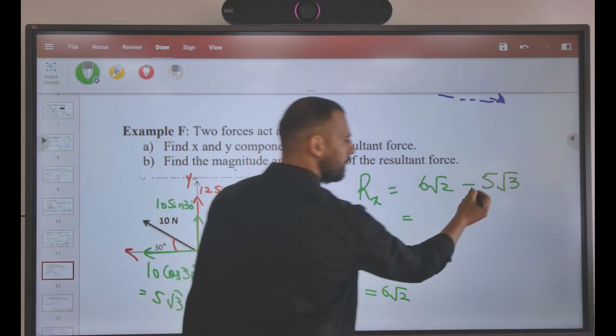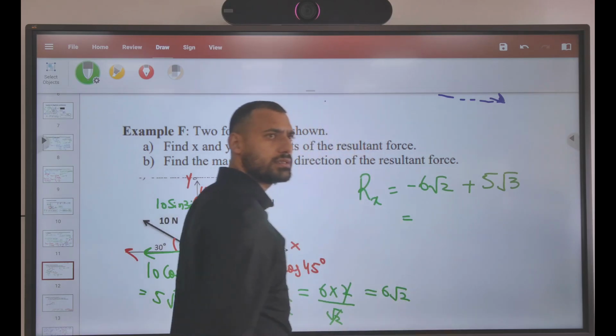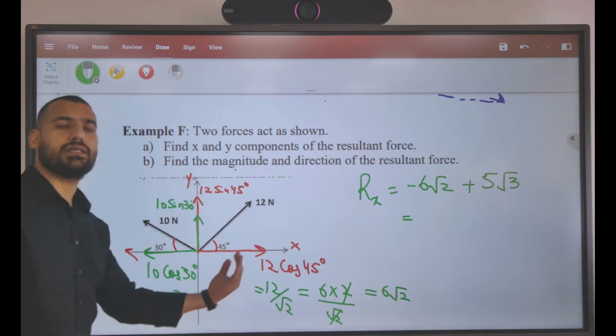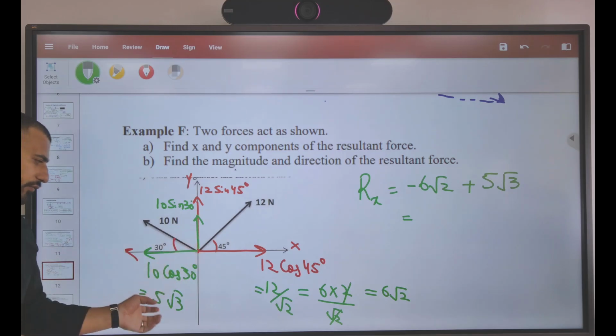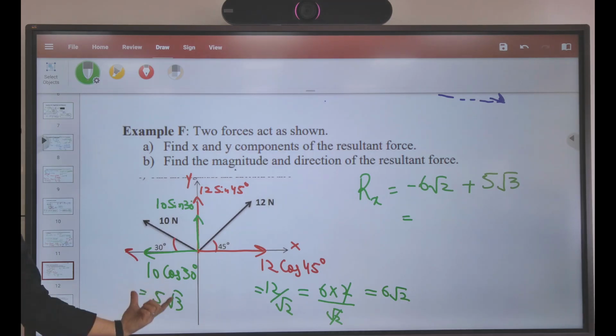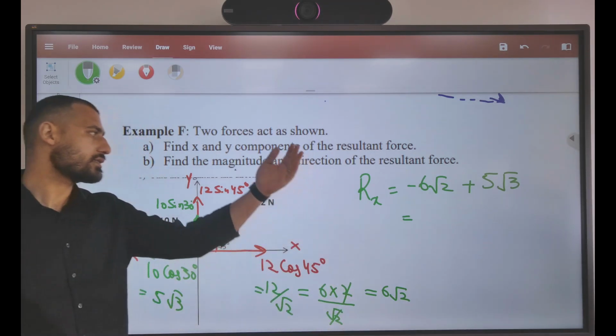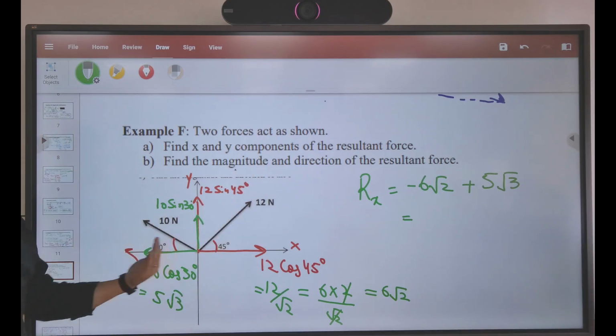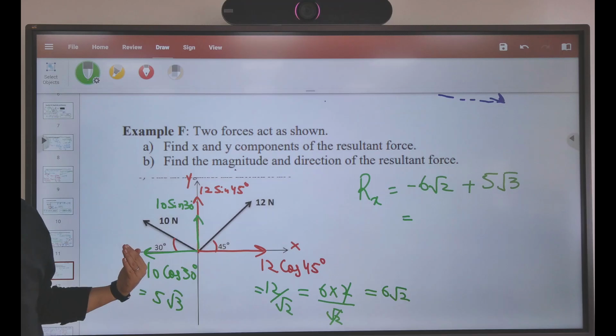Okay, it's fine. This is more, this is minus. Because whichever is more, the net will be along that direction. So 5 root 3 is more, 6 root 2 is less. That means we'll have a net towards the negative x-axis. Is that fine?